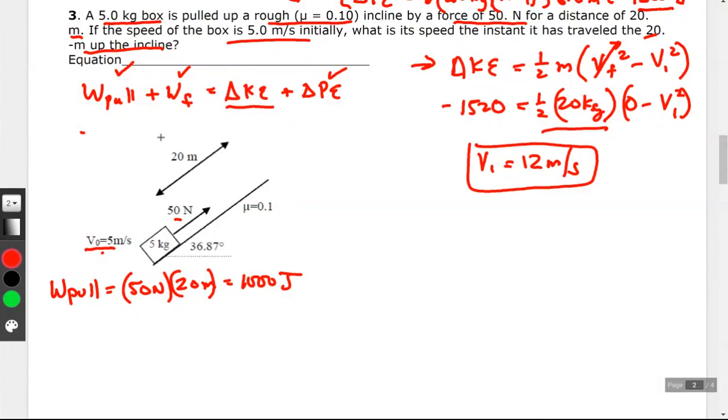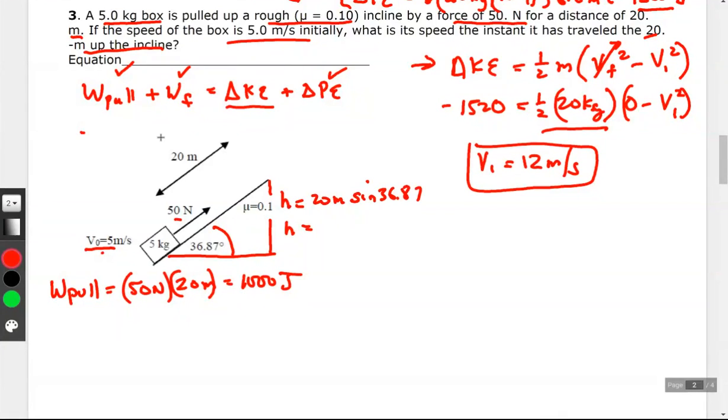So let's do the PE, which, like before, I can't find the change in PE unless I find the change in H. So this H is the hypotenuse, 20 meters, sine of 36.87. We're just using trig. The hypotenuse, which is 20 times the sine of the angle.